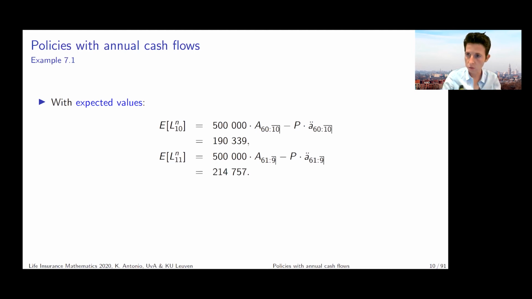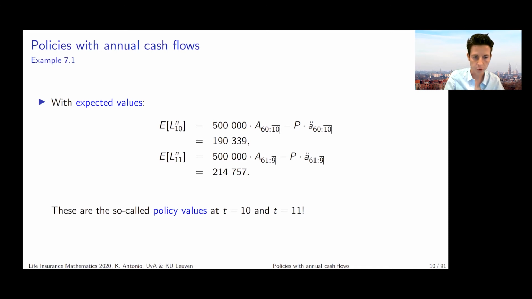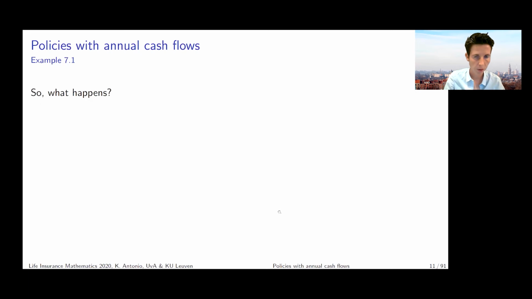And I do take into account in this valuation exercise that there are still 10 years of premiums equal to P to be paid by my policyholder to my insurance company, okay? And then the same at time point 11. So this is what we're going to do. These are the so-called policy values at time 10 and at time 11.